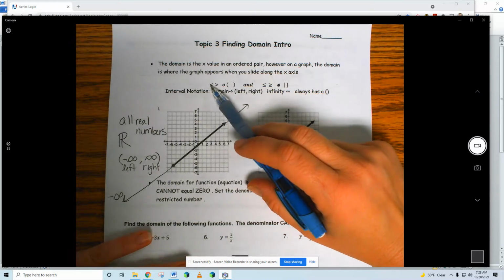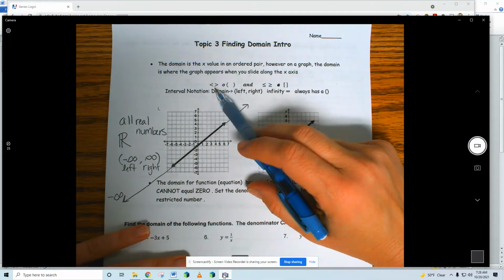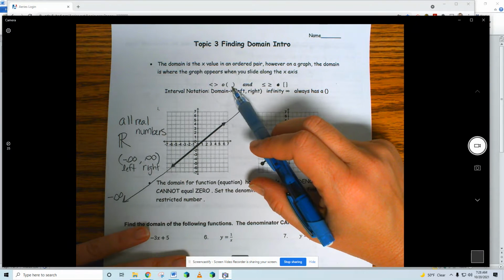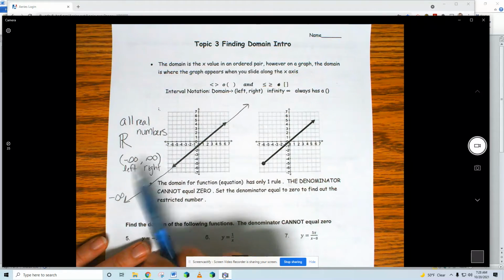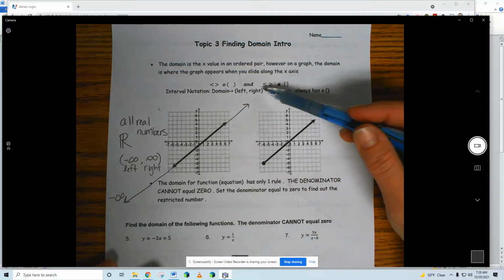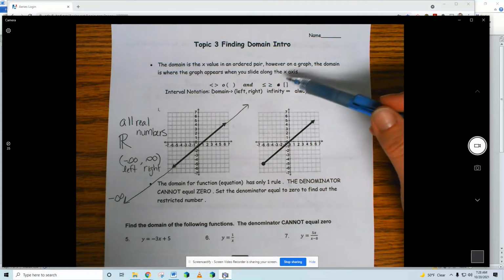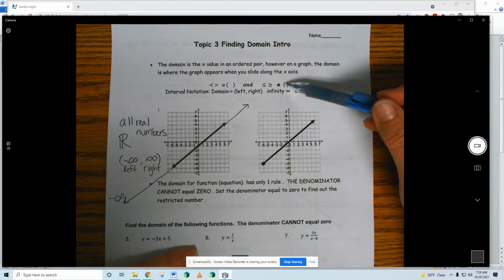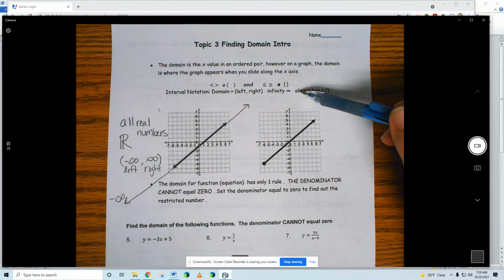So when I talk about less than or greater than, a line is less than or greater than, or an open circle on an inequality, or parentheses when I have to graph it and use this interval notation. If it's a less than or equal to or greater than or equal to, I would use a closed circle if I wrote an inequality, and I would use a bracket to talk about something that's included.